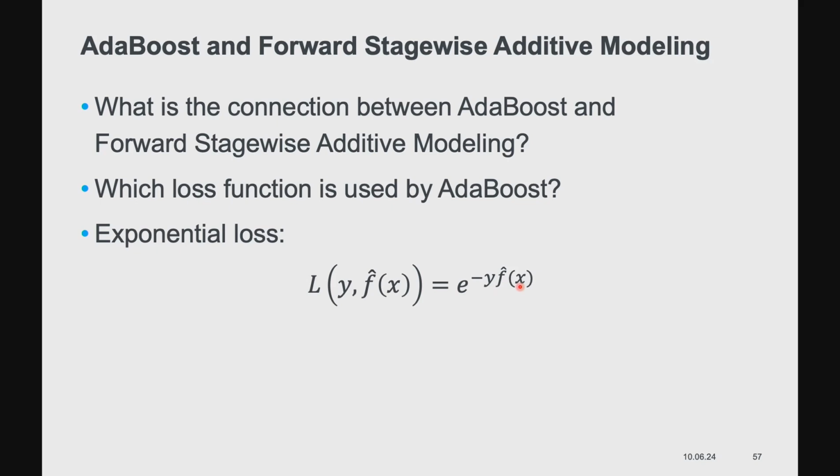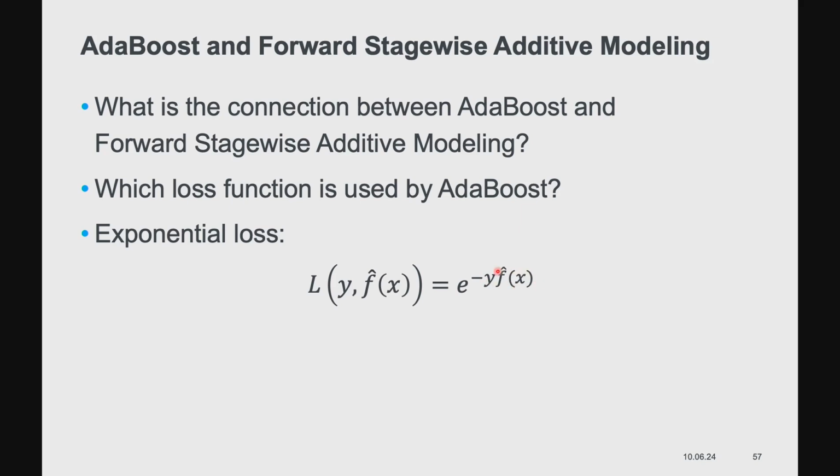So let's assume the y is either +1 or -1. And let's say y is +1 and f hat is very large. Then they agree. F hat says it's really this class +1 and y is +1. Then this is a very large number.